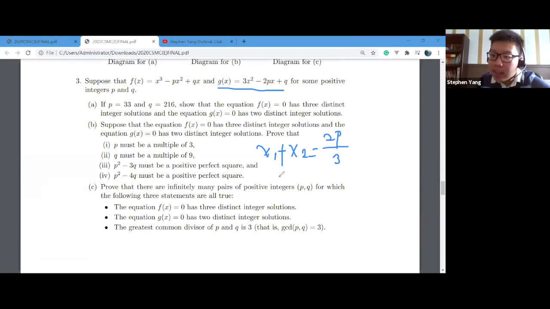We know that x1 and x2 are integers. It says right here it has 2 distinct integer solutions. This means 2p over 3 is also an integer, which means p is a multiple of 3. So this is proved.